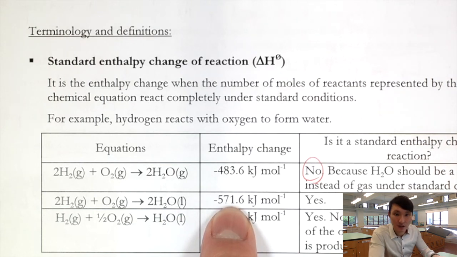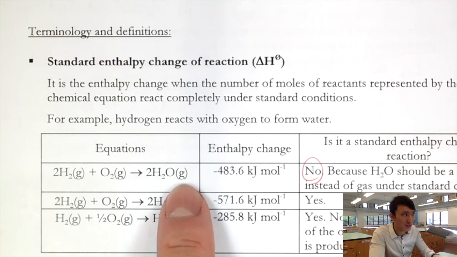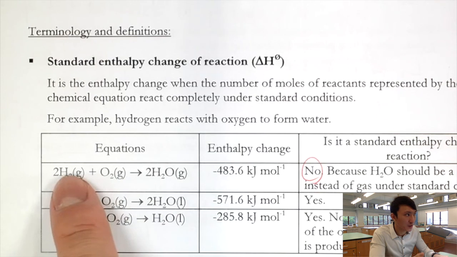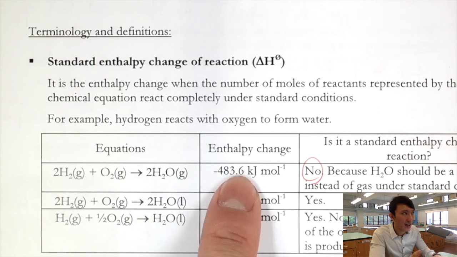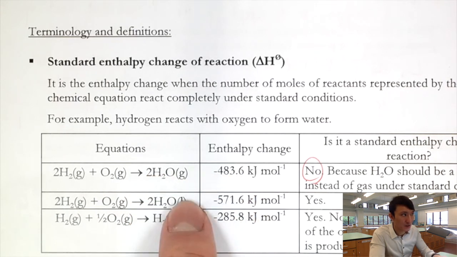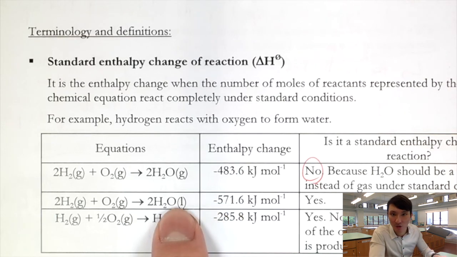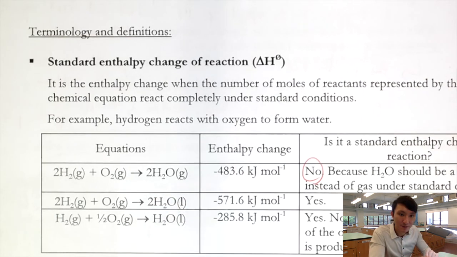But part of the heat released is used to boil the liquid water into water vapor. So if you use this equation, the enthalpy change will be less exothermic, because part of the heat released is used to boil the liquid water into steam.